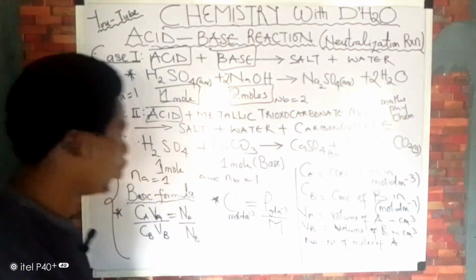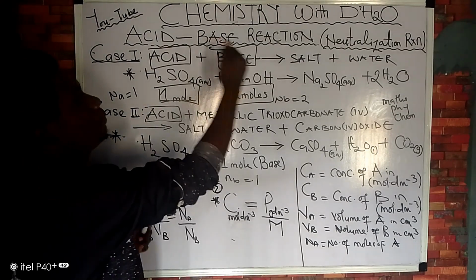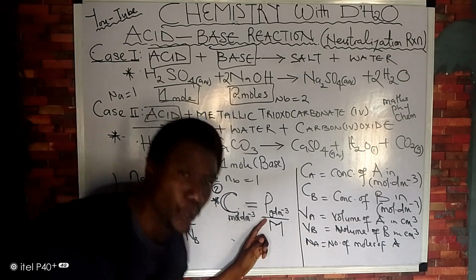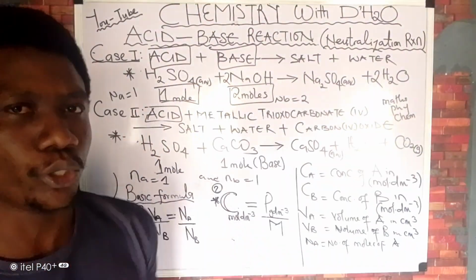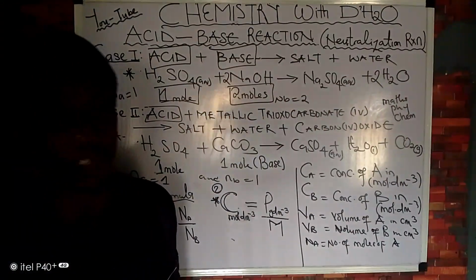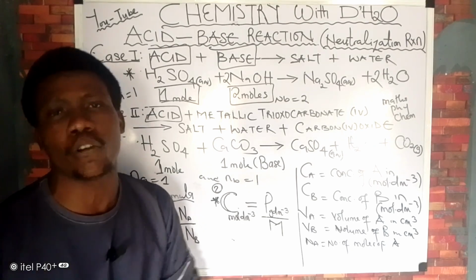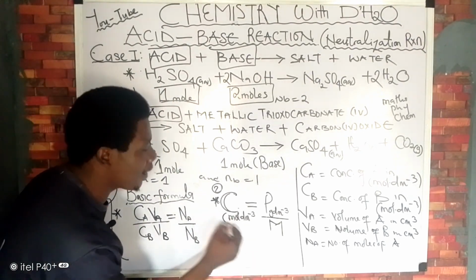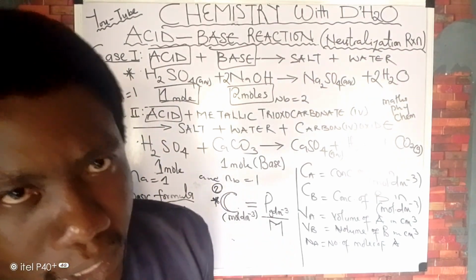Moreover, the second important formula involving acid-base reaction is your C and your rho. Remember in my previous video lesson, where I told you how to do calculation involving concentration, I made use of this important formula. I told you that this formula is the concentration of a substance in mole per dm cube, and as long as it's in mole per dm cube, it is also called molarity.